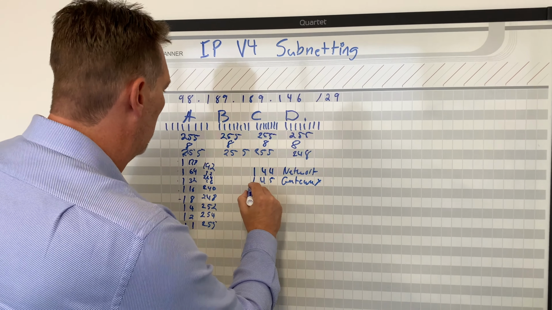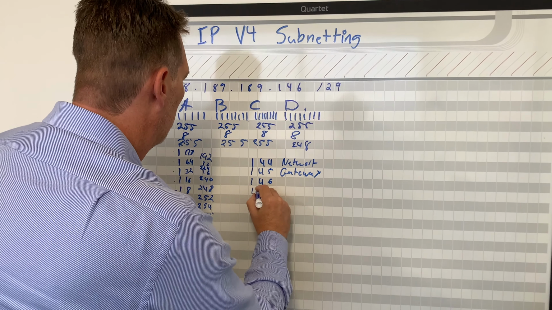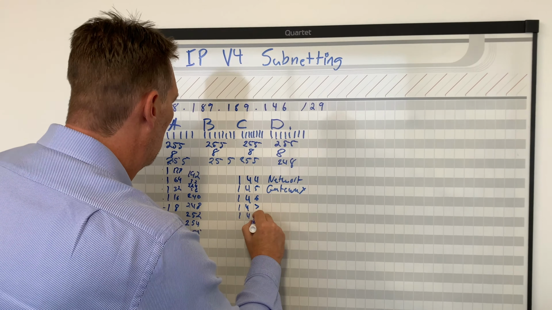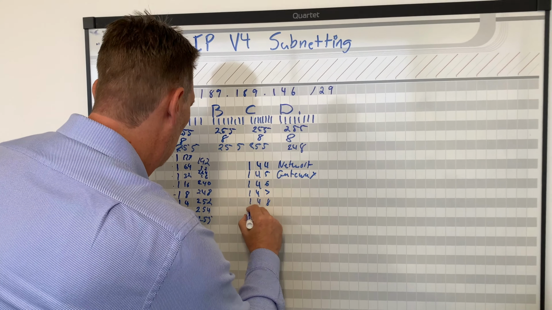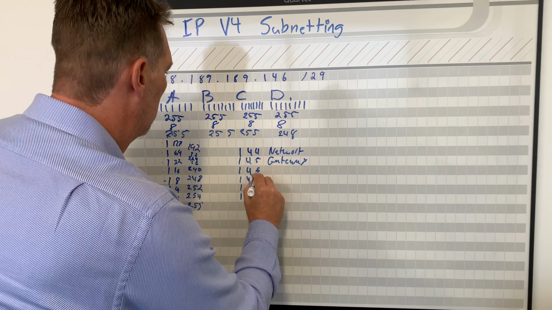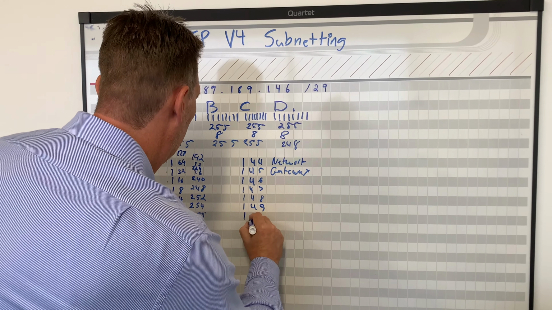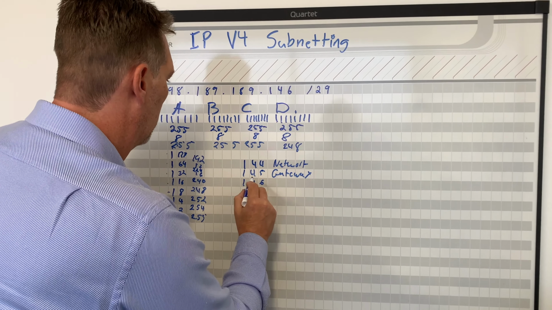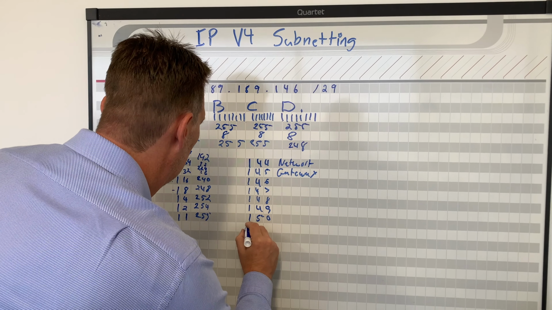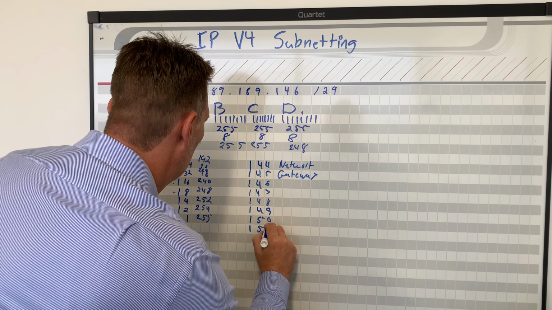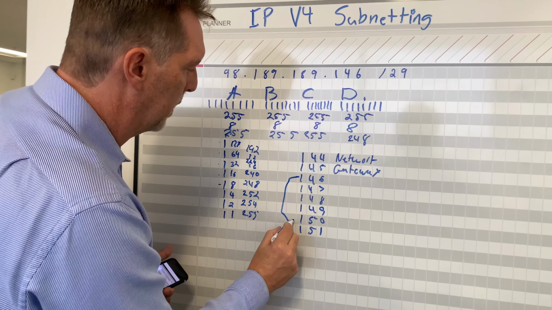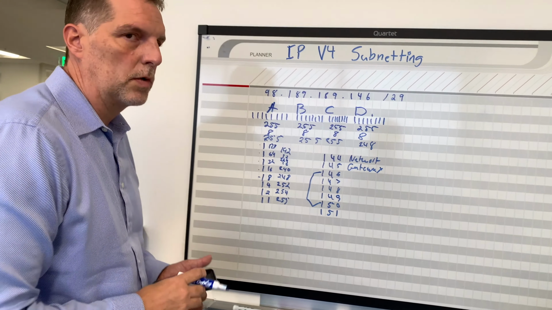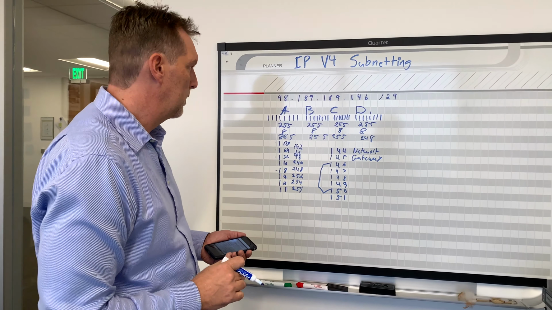And then you're going to have 146, 147, 148, 149, 150, and then the final is 151. Okay, so these addresses right here become your usable addresses. So you know that those are going to be your usable addresses.